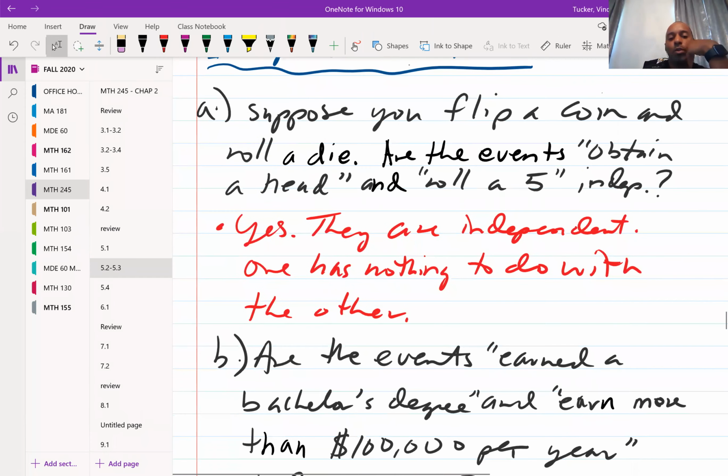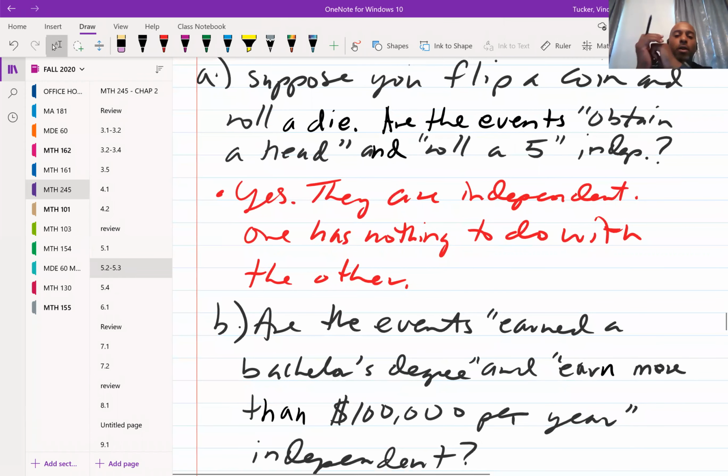All right. So B, are the events earned a bachelor's degree and earned more than $100,000 per year independent? Earning a bachelor's degree and earning $100,000 a year, are they independent?